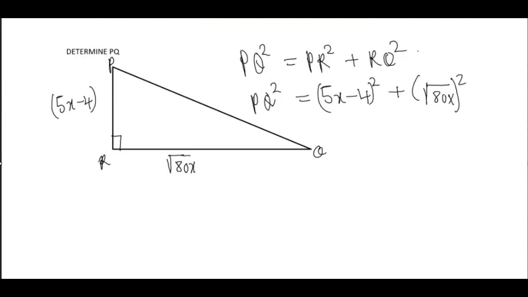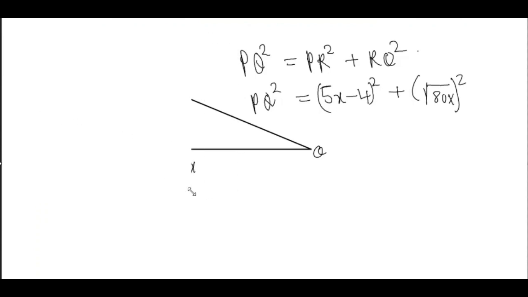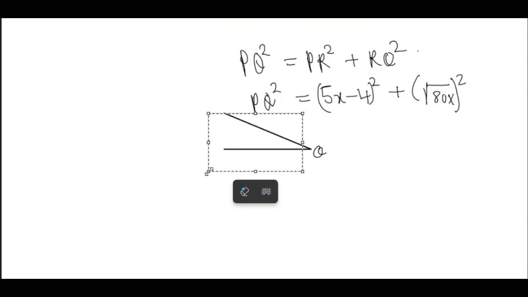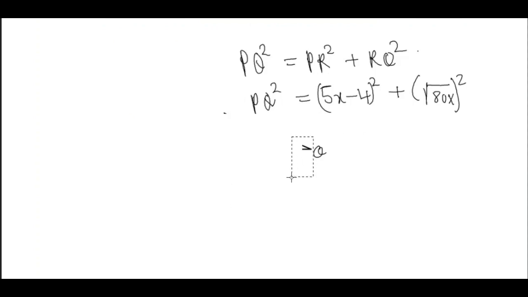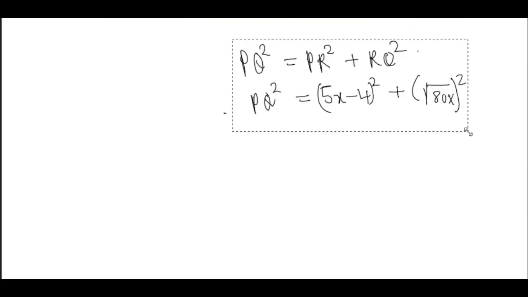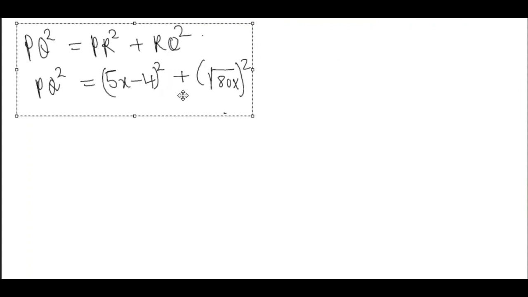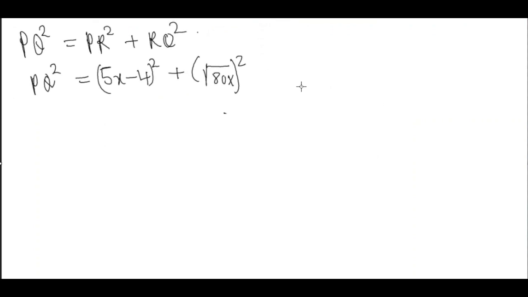So now let's try to remove this. So we can take this side, so that we can get enough space to simplify.